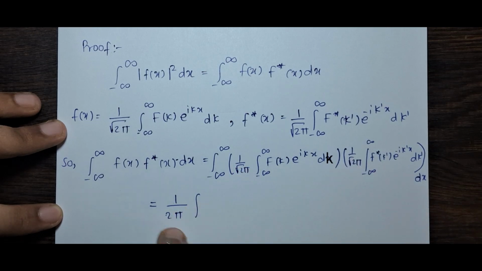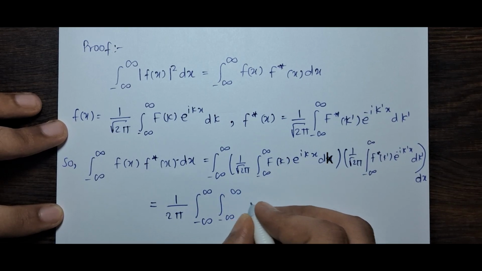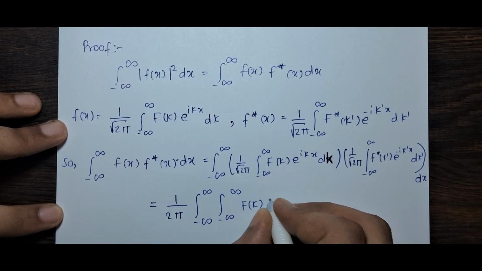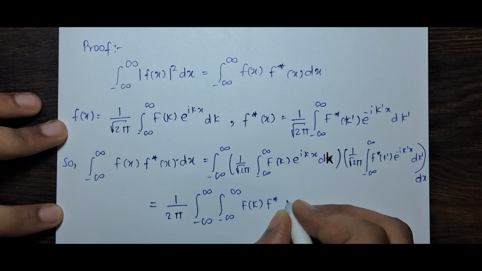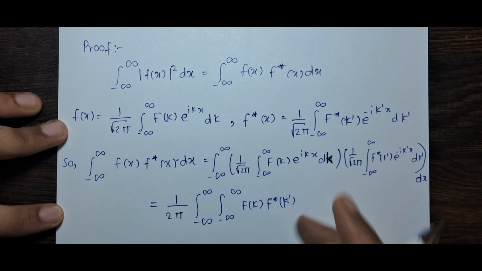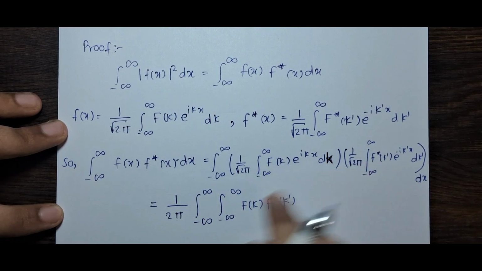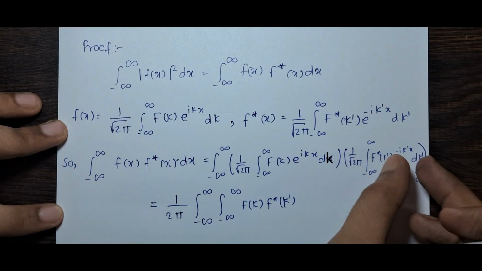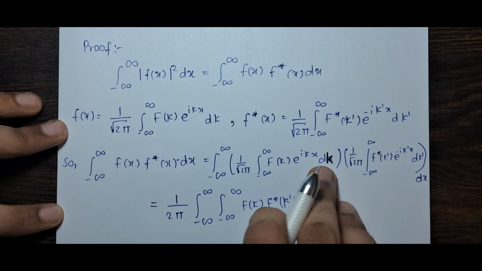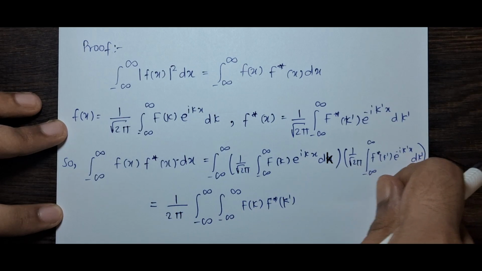This multiplies with each other, and this becomes minus infinity to infinity, and again minus infinity to infinity, and then f of k, f star k dash, right? And this thing, we took this out here. Now we are left with this and this. So and of course the notations, the dx and dk dash.